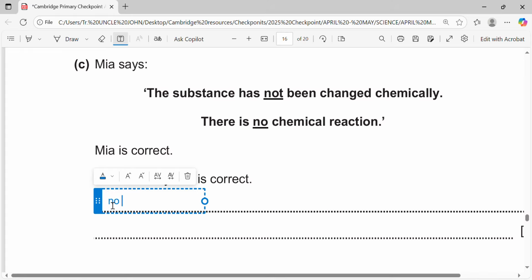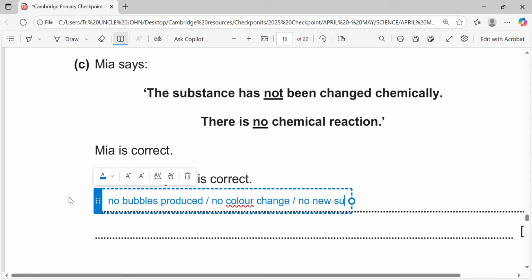No color change. No new substance formed.